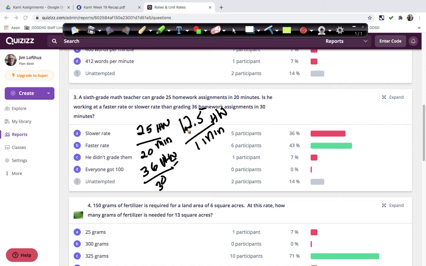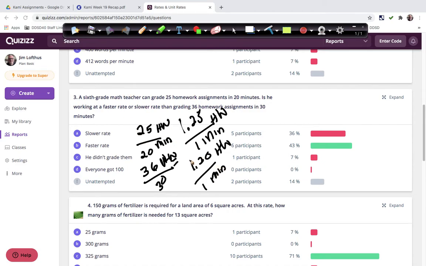I had the decimal. That makes sense now. So this is 1.25, 1 1/4 homework assignments per minute, and this is 1.2. And I could put a 0 there. Homework assignments per minute.